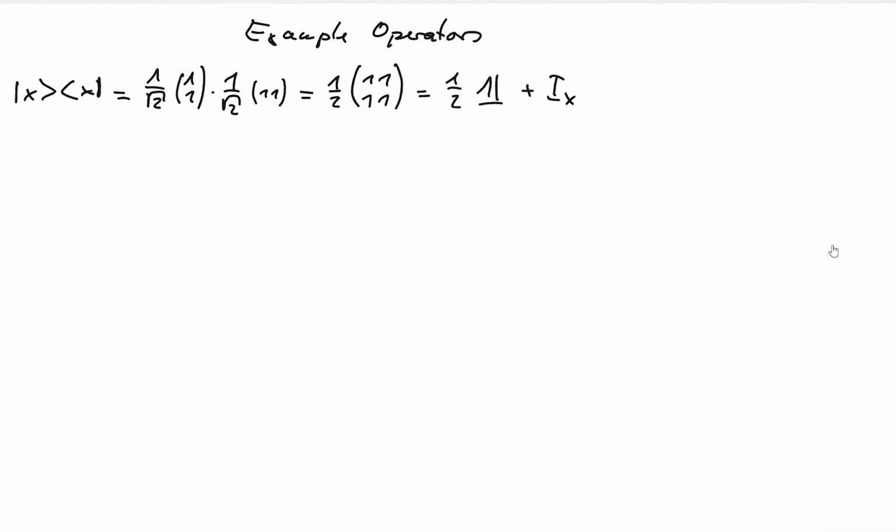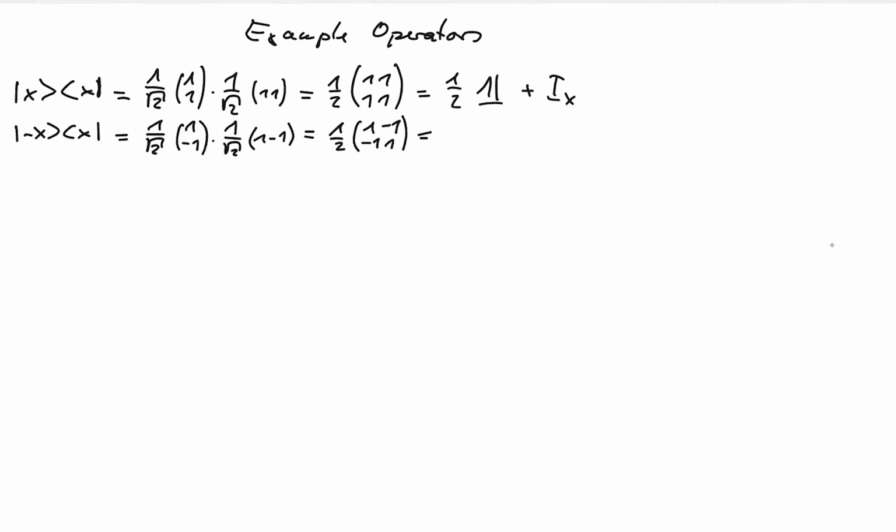So, let us continue now with the other operators. You can have minus x equal 1 over square root of 2, (1, minus 1) times 1 over square root of 2, (1, minus 1), and that is 1/2 times (1, minus 1; minus 1, 1), as you can calculate easily.